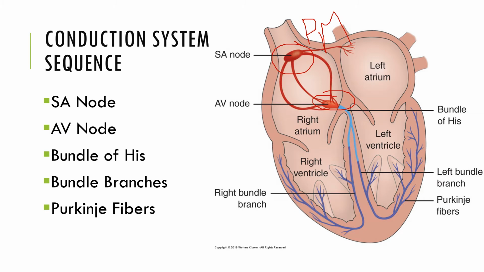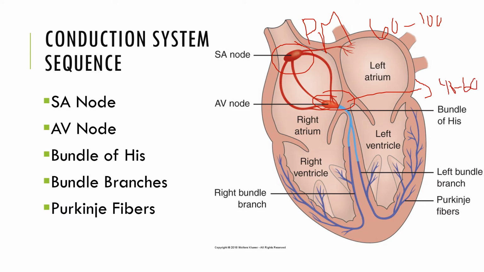Atrioventricular node is what the abbreviations stand for, and it keeps the heart about 40 to 60. So you have up here 60 to 100. Here you have 40 to 60.